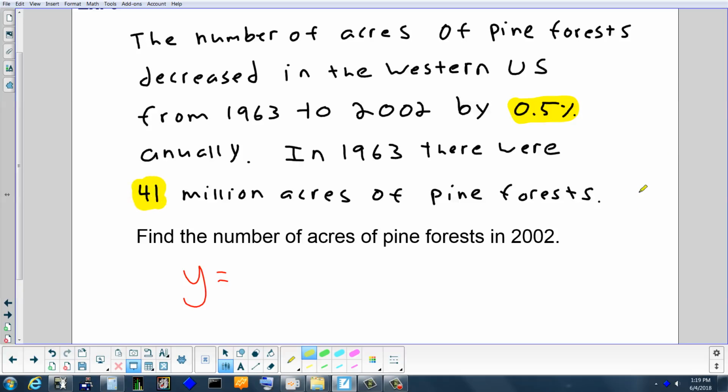So y equals, in our formula, what was the thing that comes after equals? 41. Why are we putting 41? I agree with you. But why wouldn't we put 1963 in the A spot?